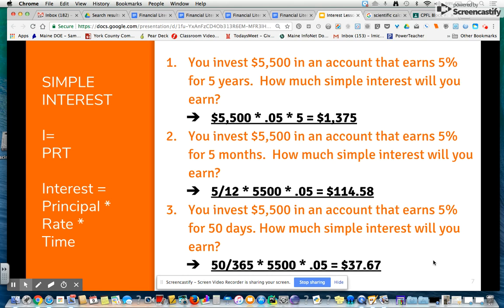The answer is $37.67. Principal times rate times time. I put the time in first so that you can do the calculation, and just leave that number right on your calculator. 50 divided by 365 equals, and then leave it in there, and then multiply by the 5,500, the principal, and the 5%.